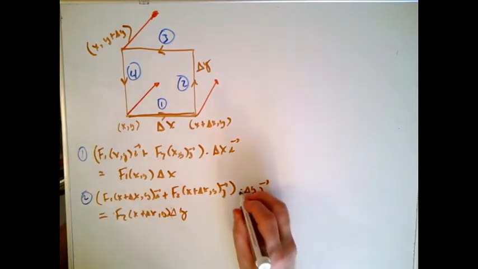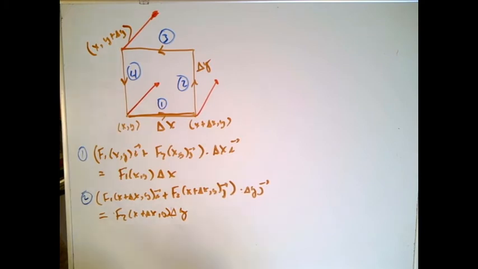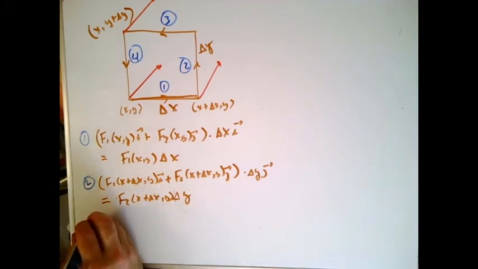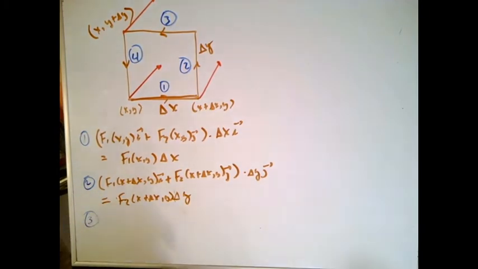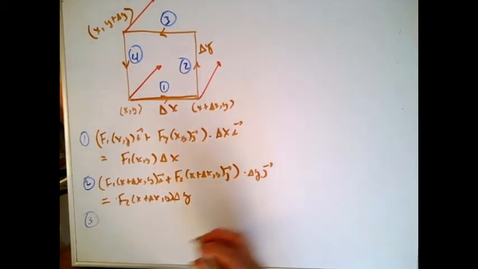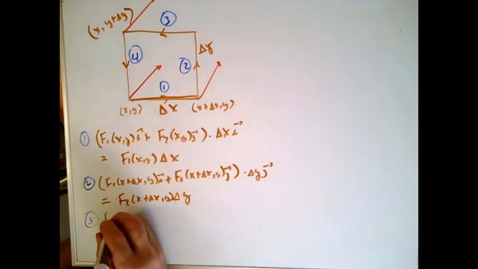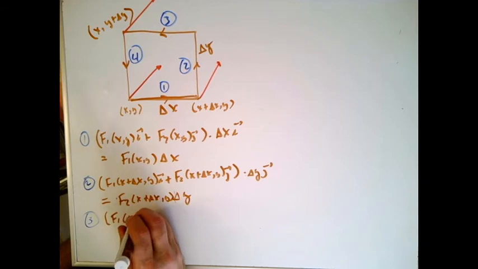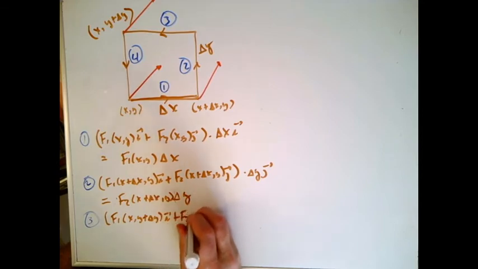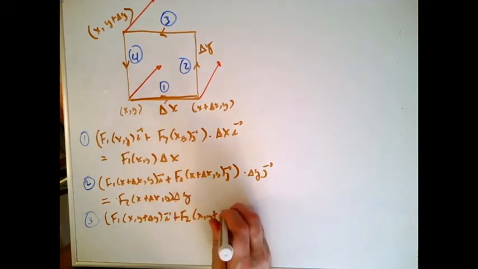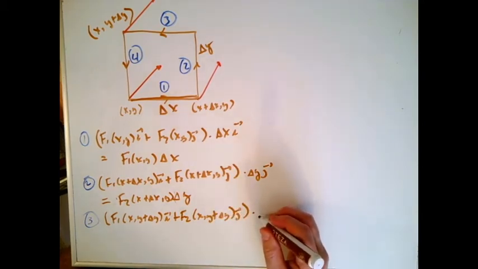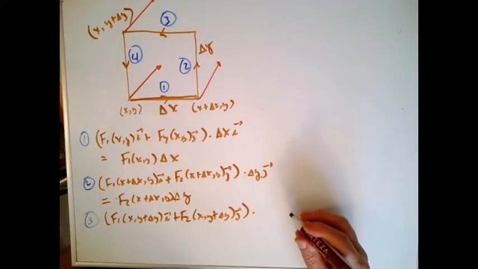All right, now I want the work done along the top. Now that looks like it's going to be mostly negative here, but meanwhile I'm going to be using that red arrow up at the top, and that red arrow is the vector f1 of x, y plus delta y i plus f2 of x, y plus delta y j, dotted with, let's see here, a vector pointing due west this time, also length delta x.